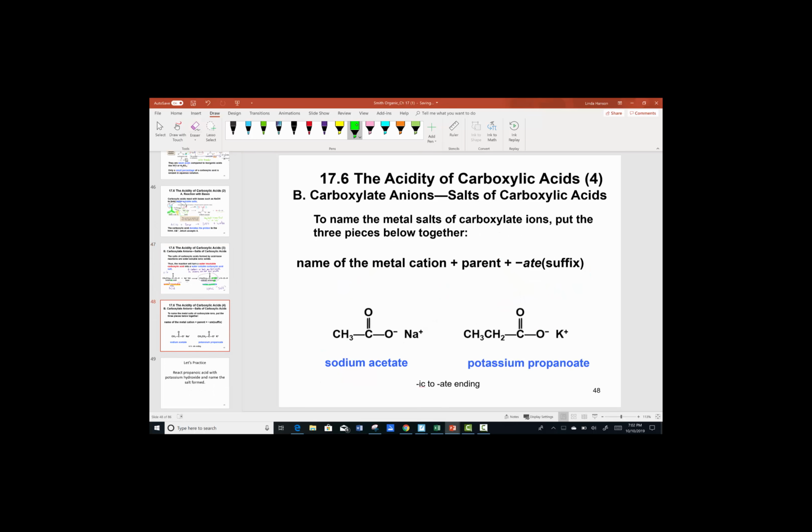So these carboxylic acids undergo a neutralization with a base, producing a salt and a water. And part of our learning goal is to name the salts. So to name the metal salt, we've practiced saying the name of the positive metal ion first, then the parent, and then ate as the ending. The parent is the carboxylic acid name.